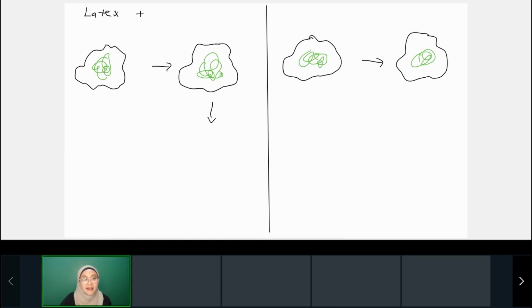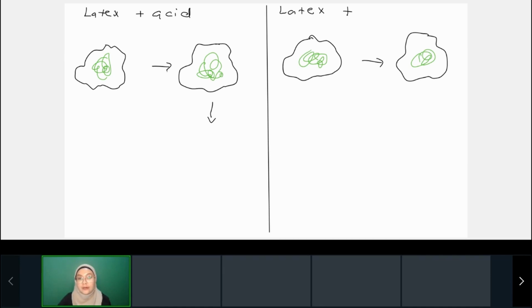I add in acid. This one is a favorite essay question. It asks about the mechanism of the coagulation of latex. Why does latex coagulate with acid and not coagulate with an alkali? The one on the right side is latex.